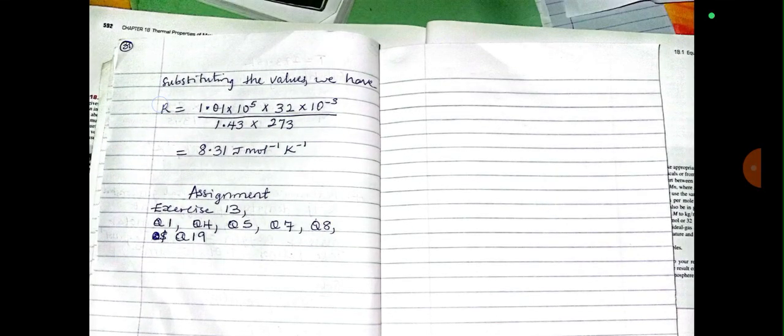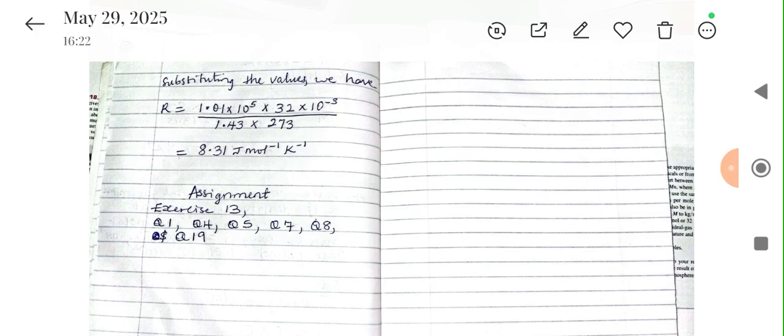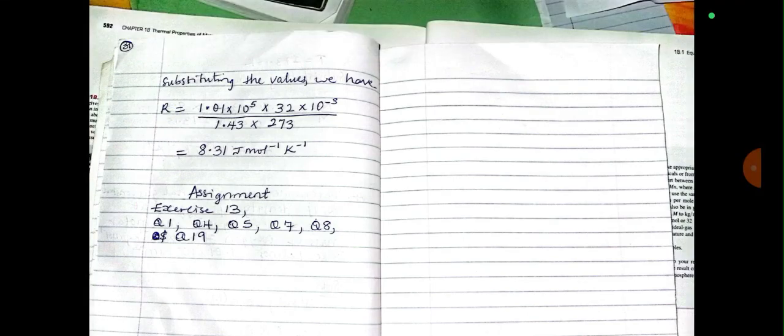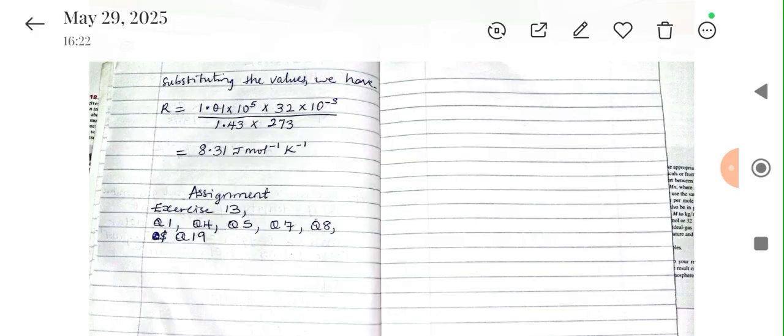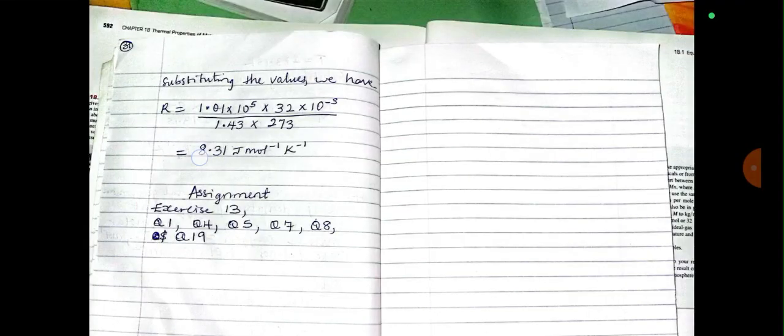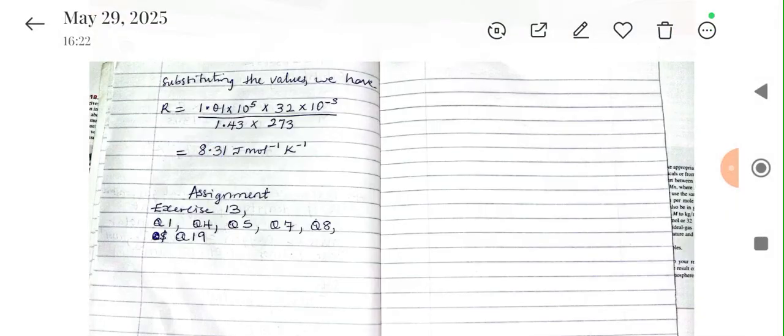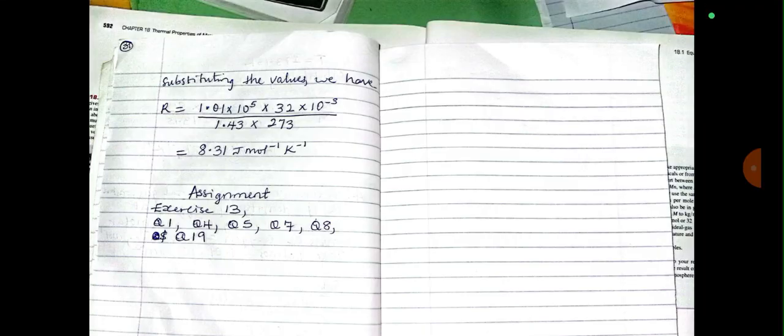So we can now calculate R by slotting in all the values and simplifying, and that gives us R equals 8.31 joule per mole per Kelvin. We have been using this formula for R all this while.